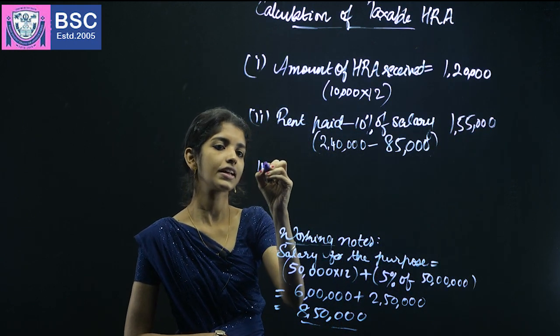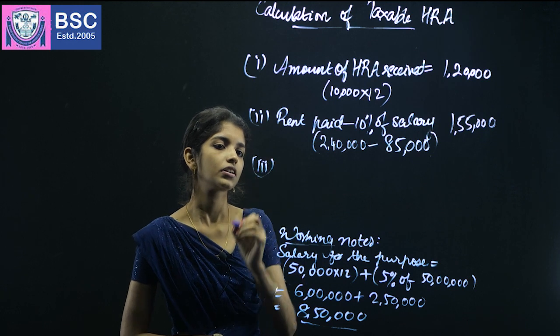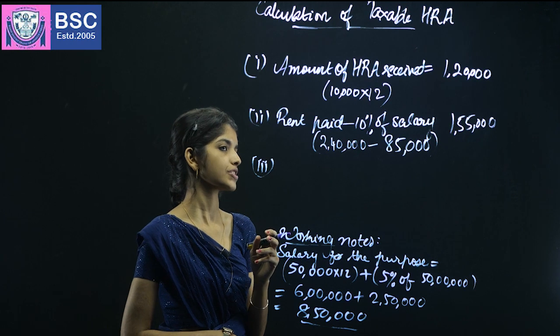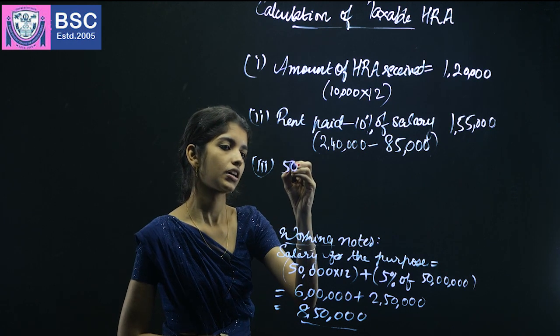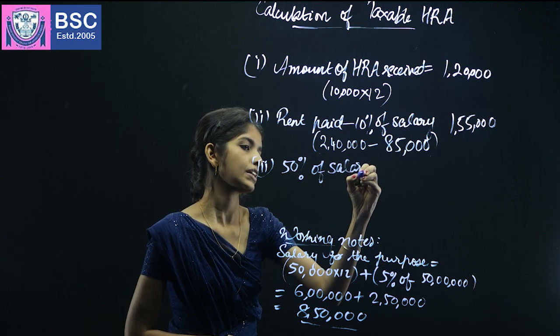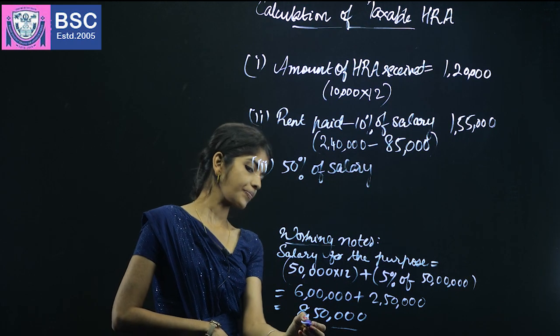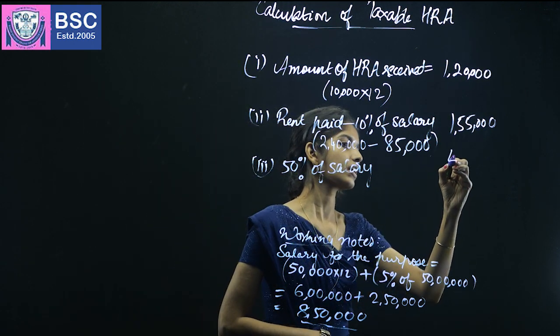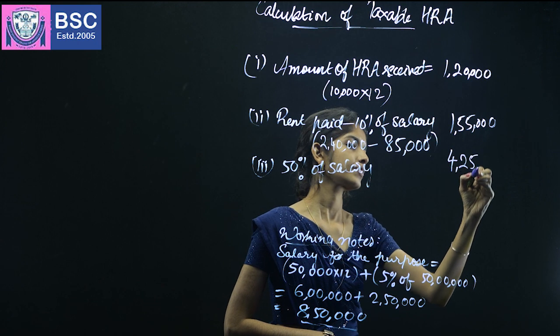Then the third item: that person is employed in Delhi, it is a case of a metropolitan city, so 50% of salary. That is 50% of this 8,50,000, which amounts to 4,25,000.